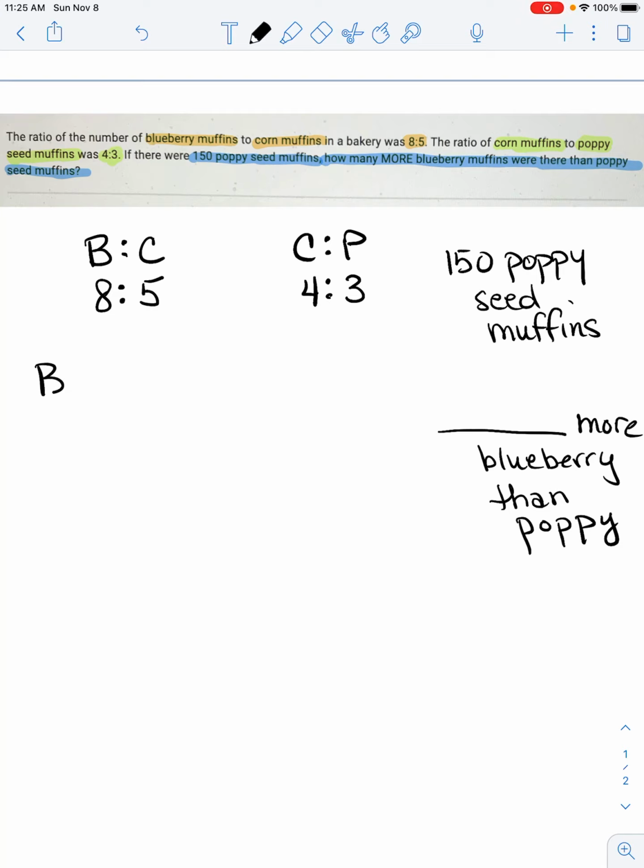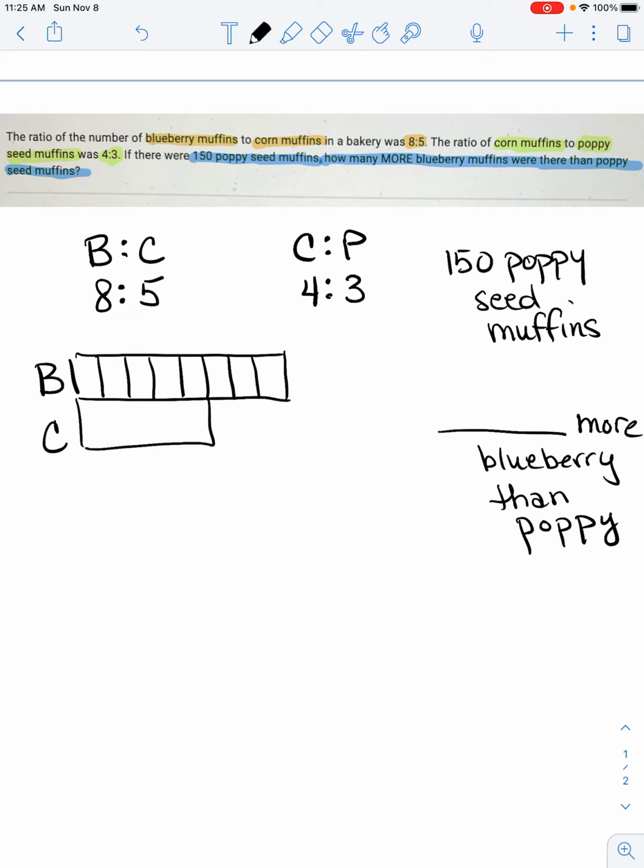So for blueberry, we're going to have 8. Here we go. The boxes are kind of small, but then for the corn, we're going to have 5. And again, I attach them.